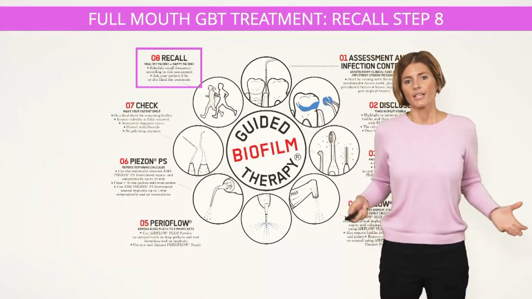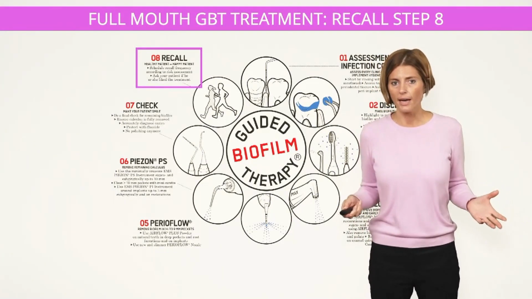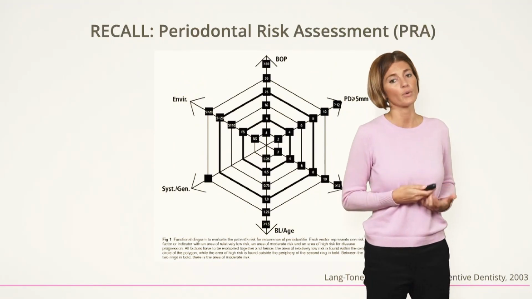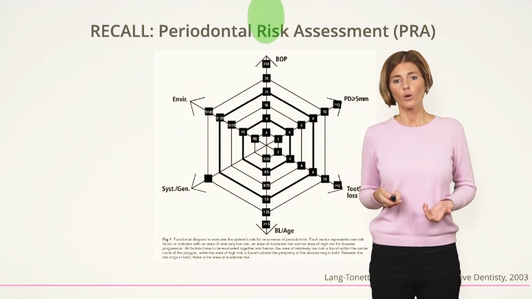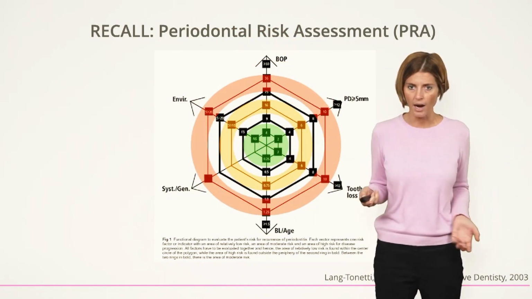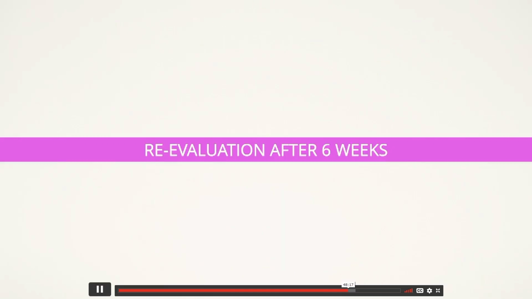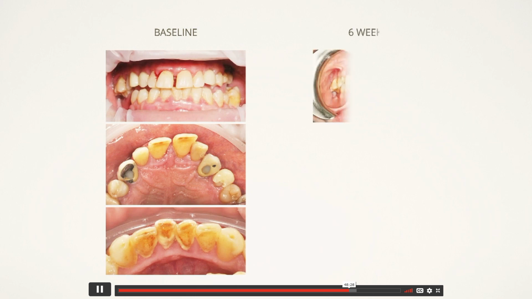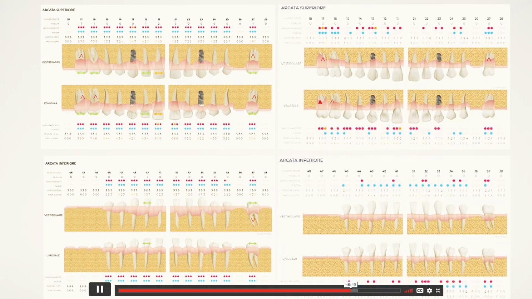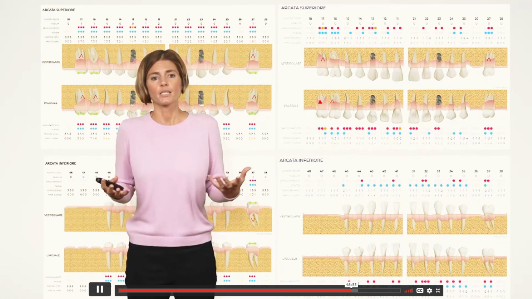And okay, so we arrived to the last step, the 8th step, to schedule the recall appointment following the periodontal risk assessment, low, medium, or high risk. But in this specific case, the periodontal chart again after 6 weeks shows some no results.